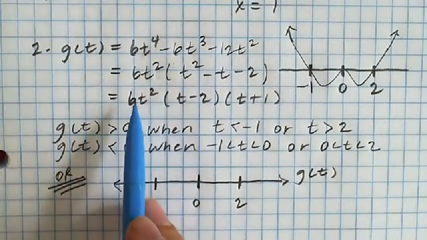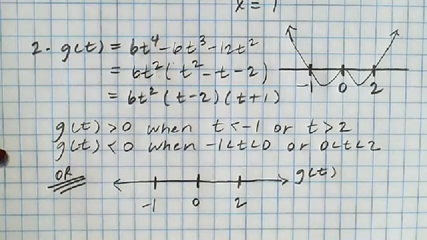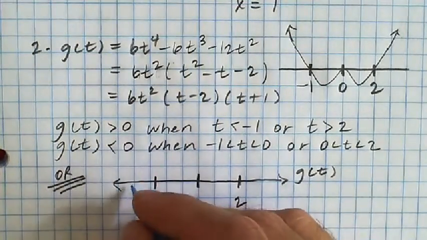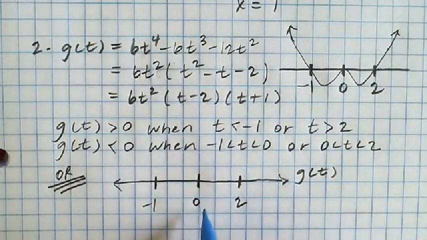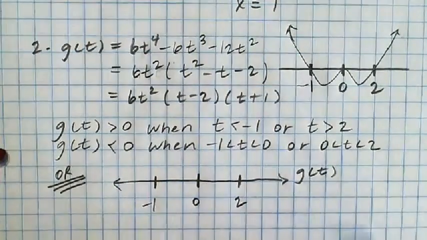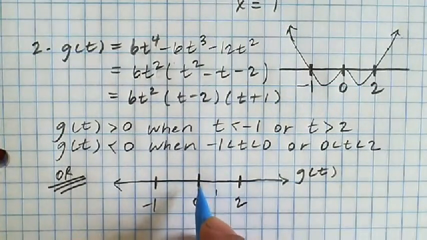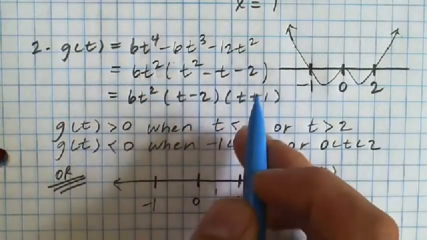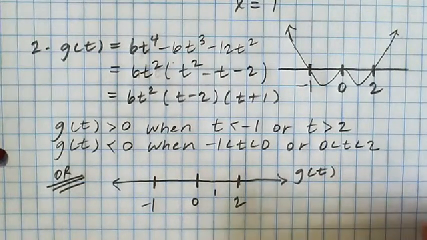Well, G of t is equivalent to 6t squared times t minus 2 times t plus 1. So what we're going to do is choose a representative over here, like maybe between 0 and 2. Let's start with that. Really obvious number to choose between 0 and 2 is 1. Okay, so I choose 1 as my test value, because these are the only places that the sign can change on a polynomial, is at the zeros, based on their continuity and some other factors.